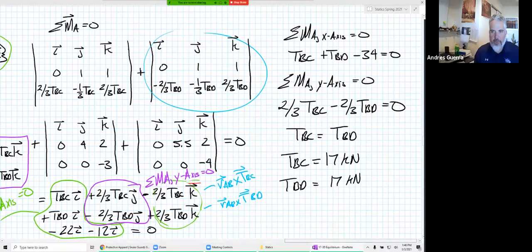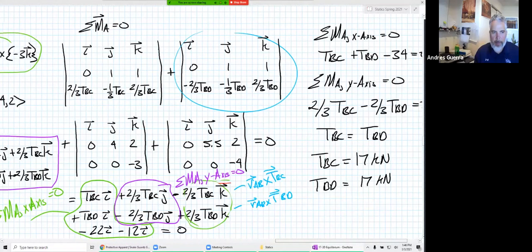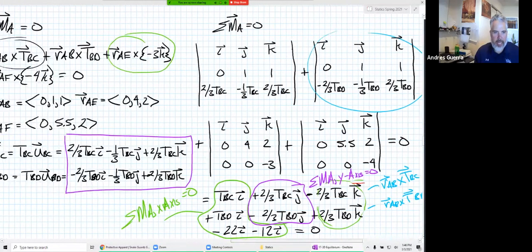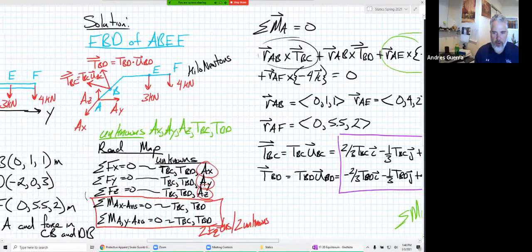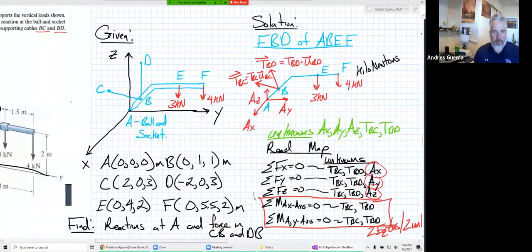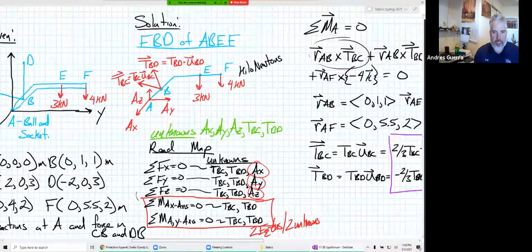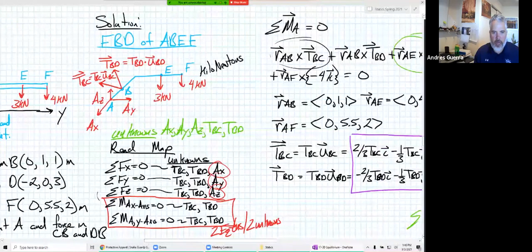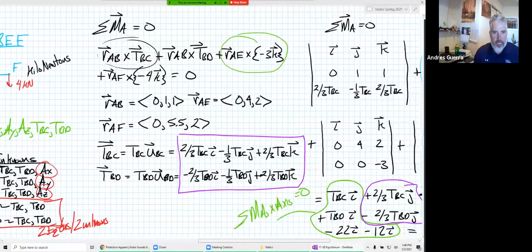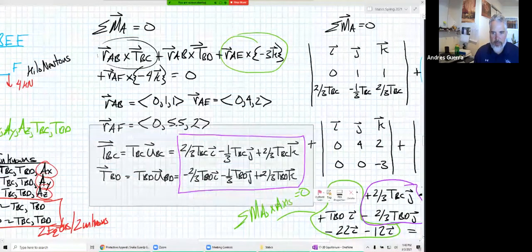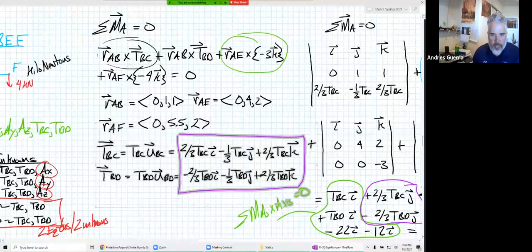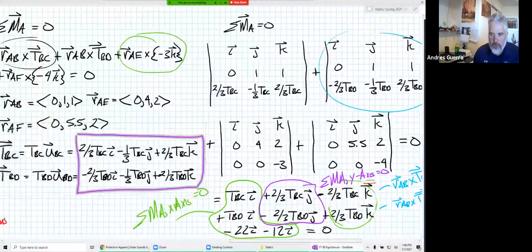And going back to our roadmap here, I'm going to grab some stuff from our roadmap. What did we say next? Well, next we can do force in the x, y, and z, and our only unknowns are going to be Ax, Ay, and Az. And we had highlighted this stuff right here in purple because it's going to be useful later.